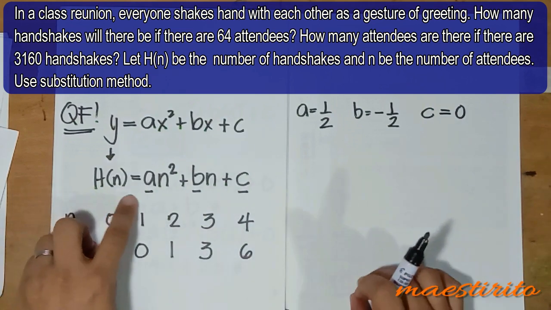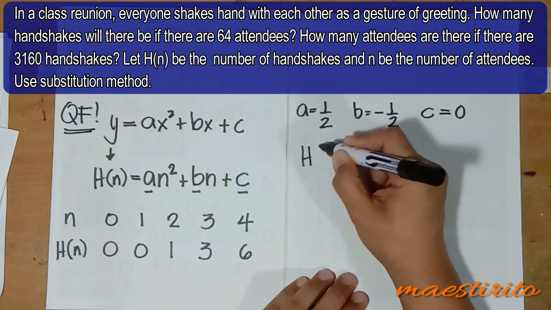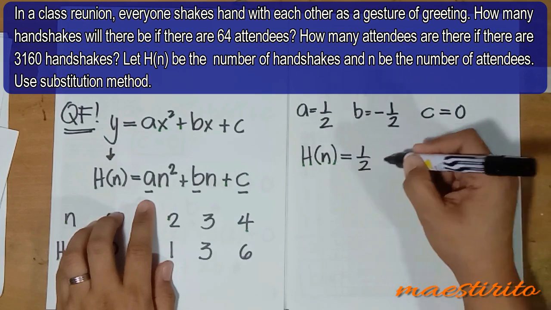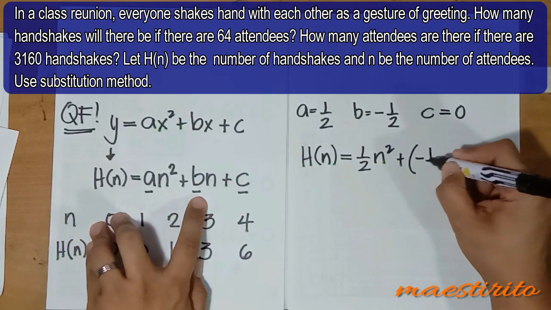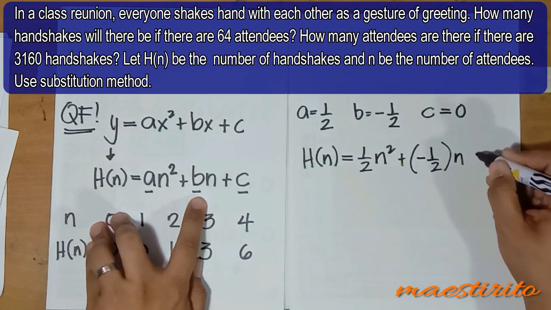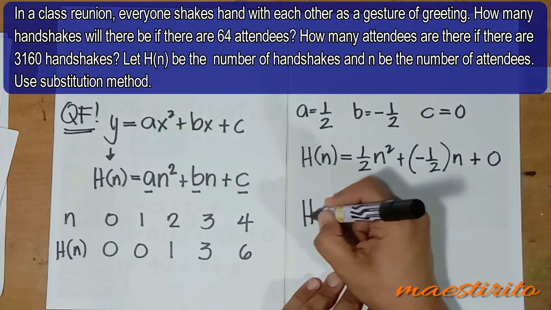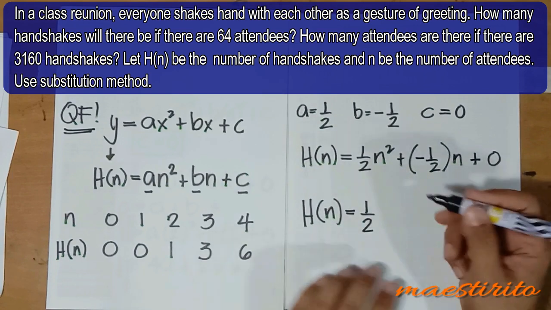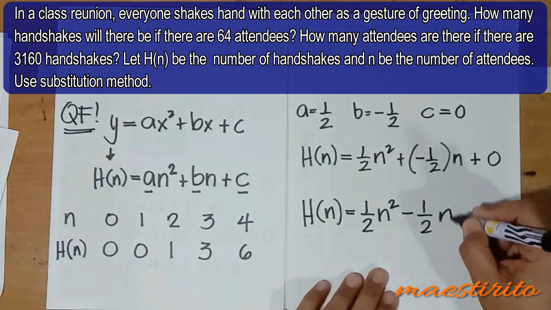So having this guide here, it will now be h of n equals a, which is 1/2, n squared, plus b, which is negative 1/2, n, plus c, which is 0. So finally, the pattern for the problem is h of n is equal to 1/2 n squared minus 1/2 n.